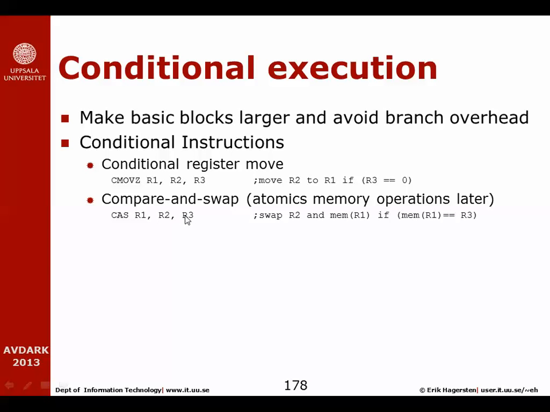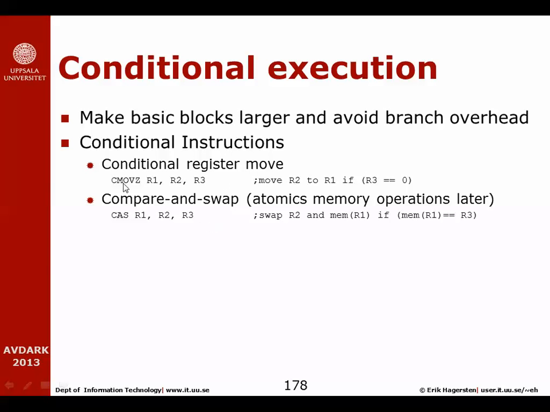So it was sort of an instruction where we wanted it to have some side effect, but only under certain conditions. There is a different type of instruction as well, which is conditional move. So this conditional move moves the contents of register 2 to 1, but only does that if register 0 is equal to 0. So this is the kind of instruction you would find in some ISAs.